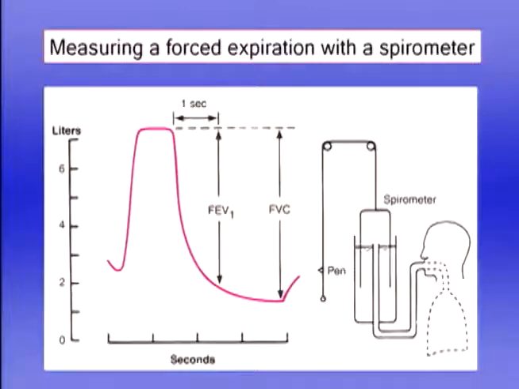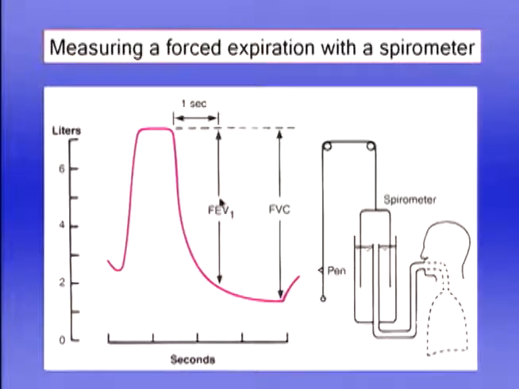And we plot the volume against time, as you can see here. And the total volume exhaled is called the forced vital capacity, or the FVC, and the volume exhaled in the first second is called the forced expiratory volume, or the FEV1.